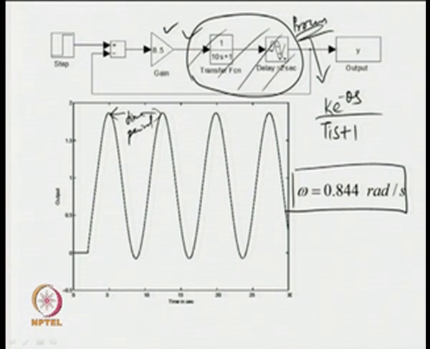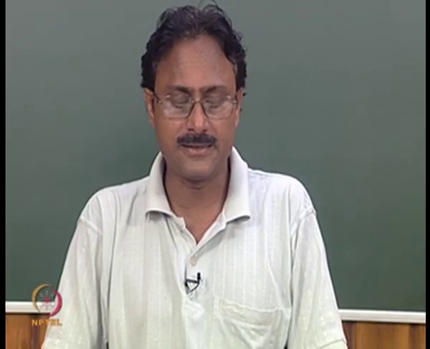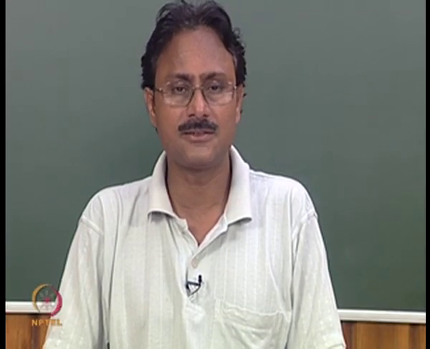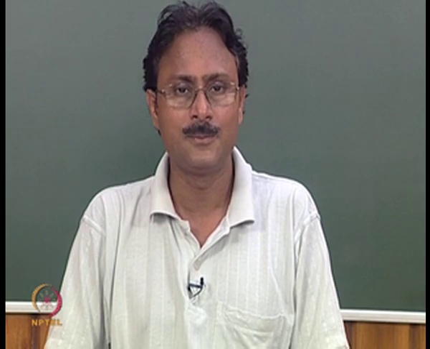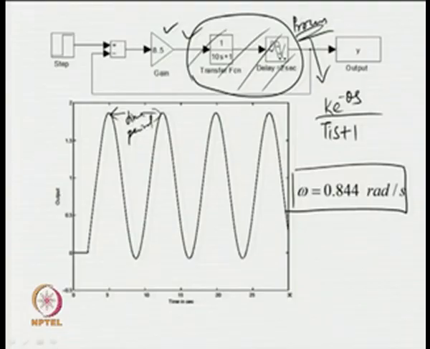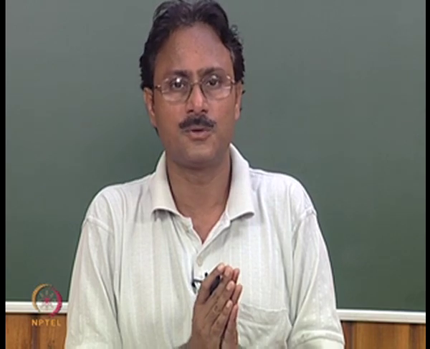For the sake of demonstrating how the identification is done, we have taken some specified process dynamics, but we assume that the process dynamics is not known to us. Rather, we are measuring the output of the closed loop system and trying to estimate the transfer function model of an unknown process.